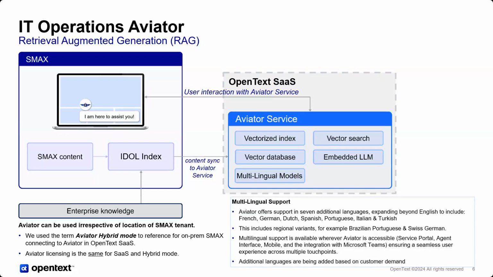But the way that Aviator works is obviously it's providing a number of services, primarily a large language model as part of that stack. But there's a lot of other things that we do, including managing some multilingual. We have a vectorized index and database set up in there as well. And from a point of view of your system, your knowledge content that is indexed into IDOL is shared into the Aviator service to allow fast retrieval when communicating with Aviator.